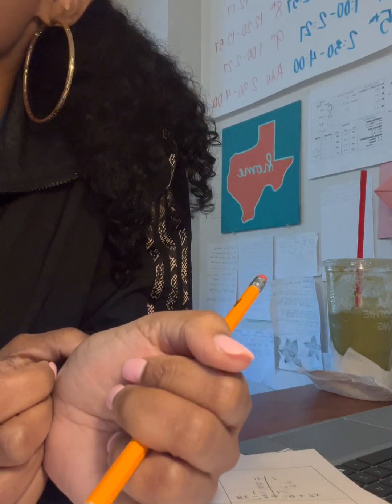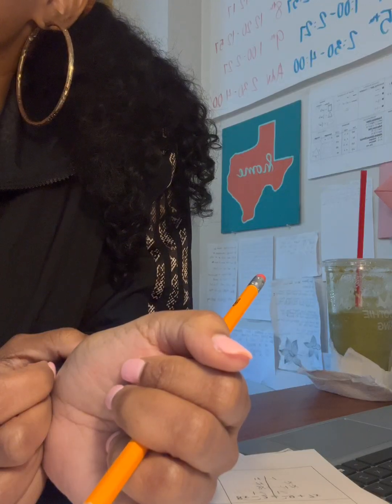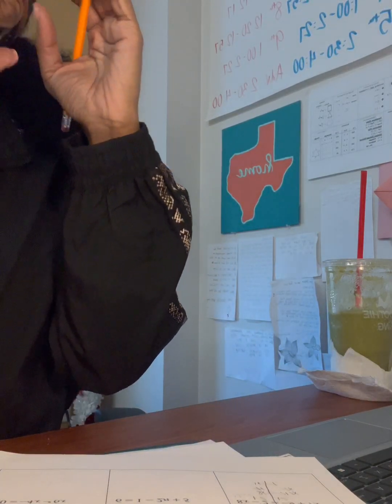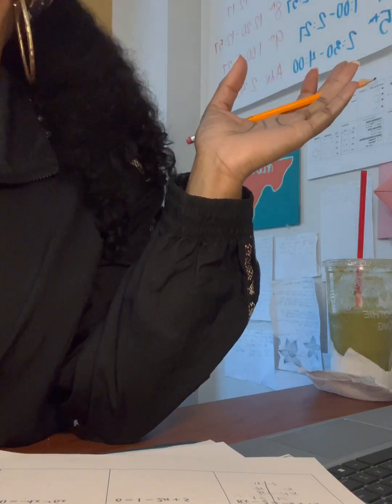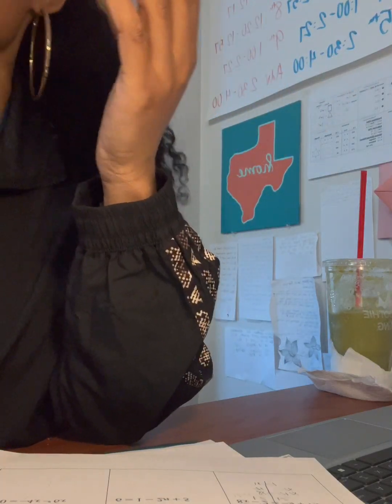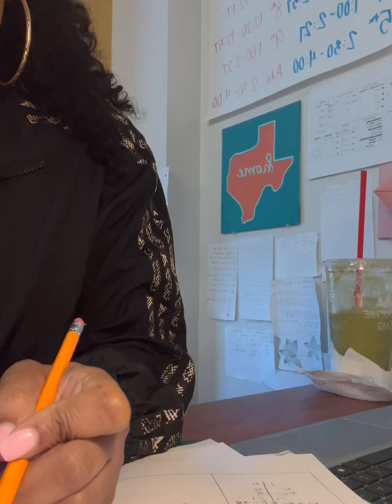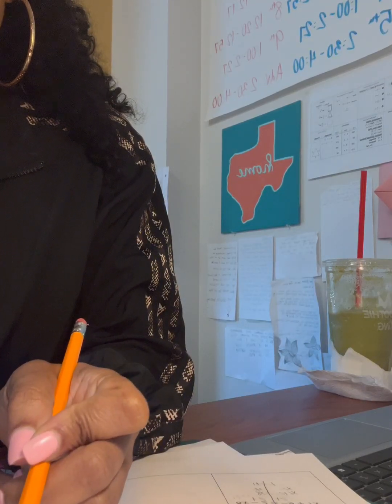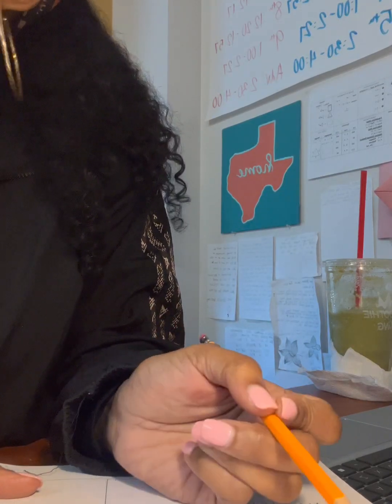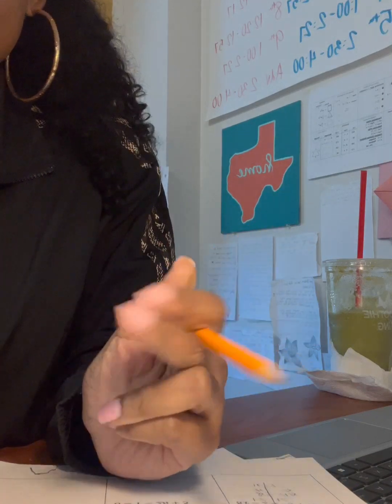What's a term? A term is each thing that's separated by plus or minus. So these are terms because they're separated by plus and minuses. Okay, so that's my term.